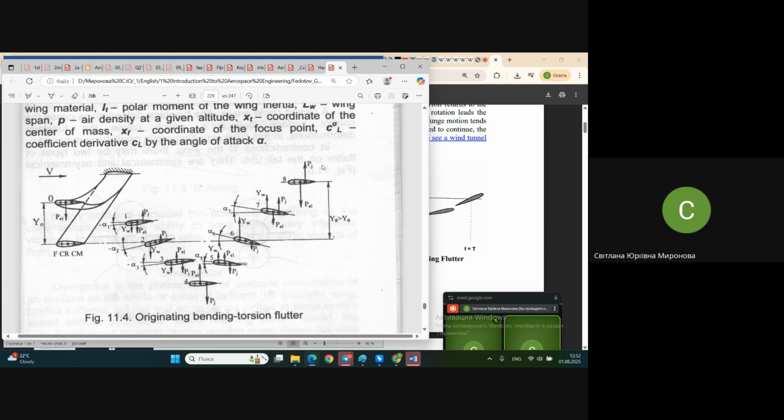And as a result you see it's not just rotational motion and linear motion, it's like a wave itself. The root of the wing is stable, it's fixed in the fuselage. The tip of the wing moves along some wave-like travel and rotates permanently in this direction.